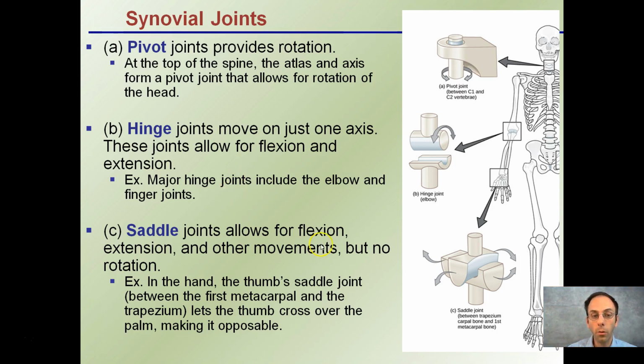Saddle joints are for flexion and extension and other movements, but no rotation. In the hand, the thumb saddle joint between the first metacarpal and the trapezium lets the thumb cross over the palm, making it opposable. So our opposable thumb would be an example there, and that's called a saddle joint.